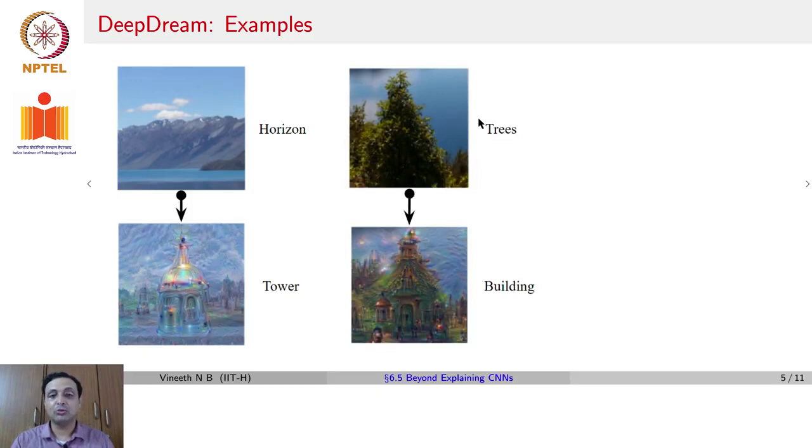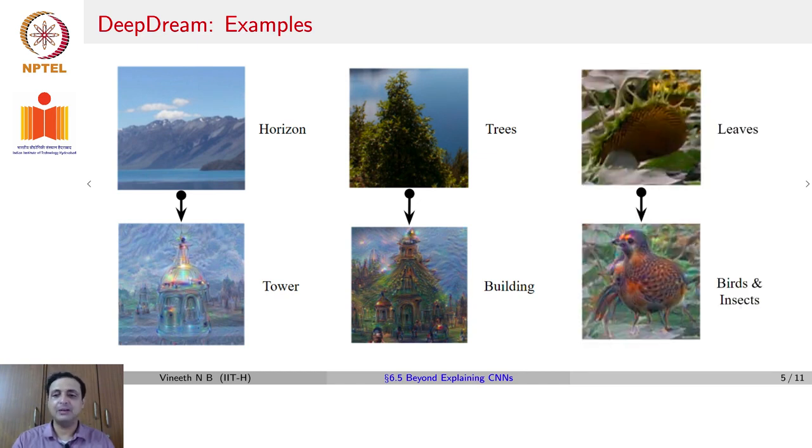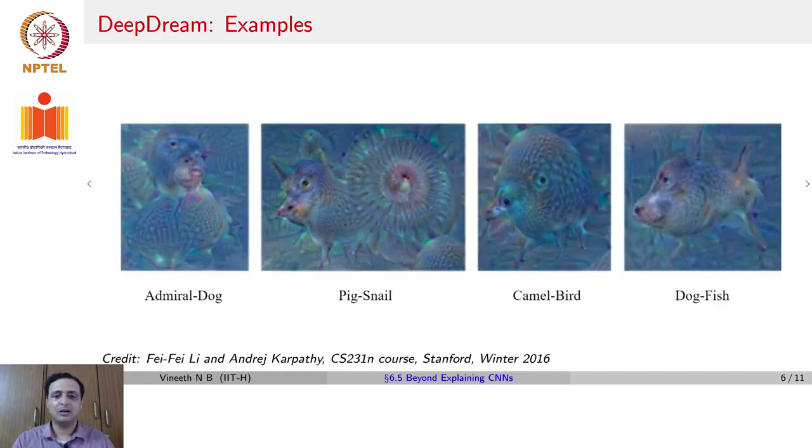Another example is of going from trees to keep adding buildings to it, and you come up with a nice pagoda-like structure on the same scene. And here is a photo of leaves, and you keep adding the gradients of bird and insect filters, and you get an interesting variant of an image starting with the original leaf image. More examples.